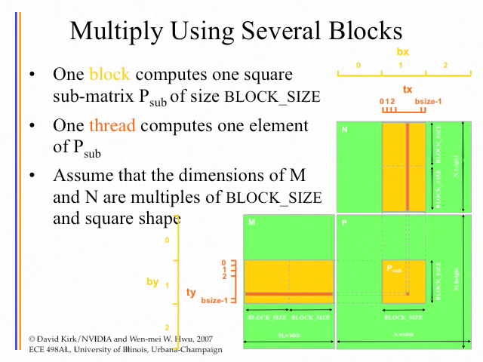So basically, the code is going to iterate through these tiles from the outer level. And then within each tile, we will be doing the dot product, or the segmented dot product.